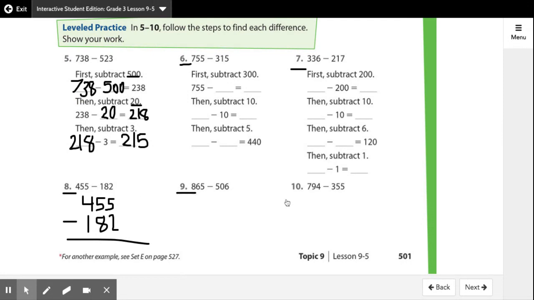I'll underline them so you know you have to do them all. So you guys can finish filling that in. Okay, so then after you finish these ones on the front, you're going to look at the next part that I assigned, which will be the independent practice. It's going to tell you to do these problems. It's also going to tell you what problems to do on the back. Okay, good luck.